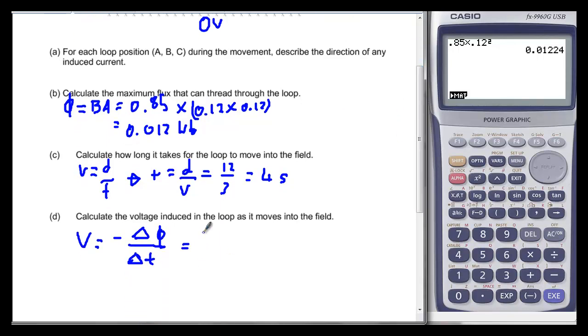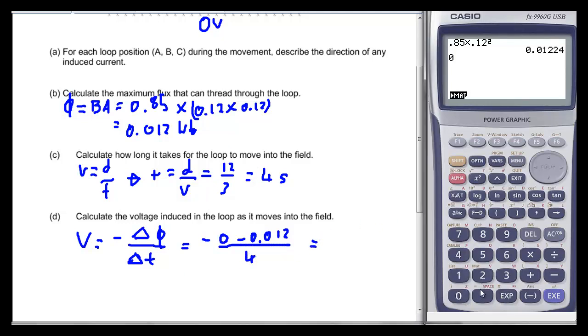So it's going from 0, minus, because it initially has none, and we're taking away what it has at the end. It's got 0.012. The negative just simply comes from the equation, and it does that in 4 seconds. Negatives cancel out, so it's 0.012.